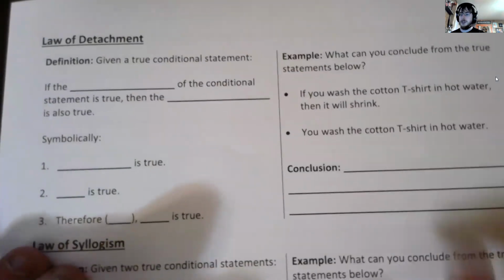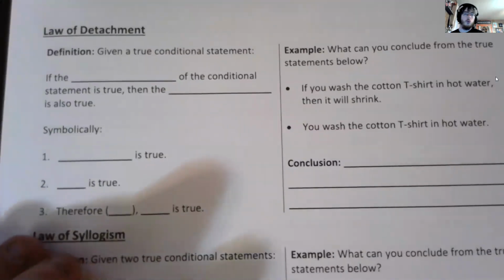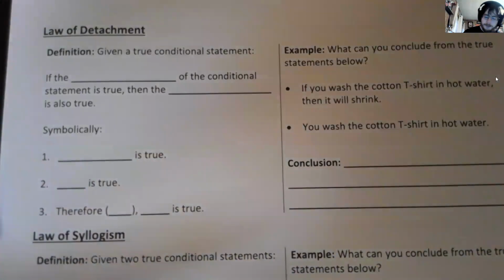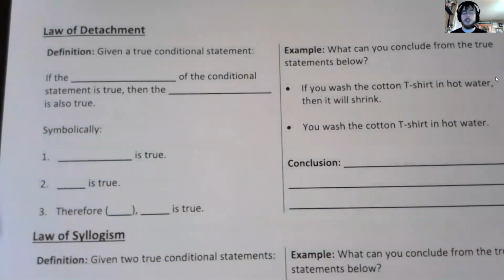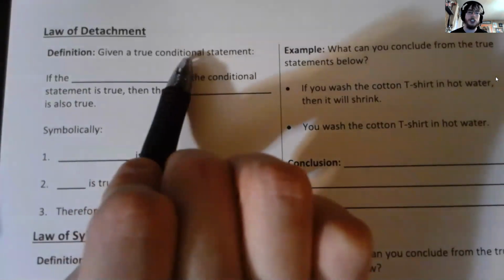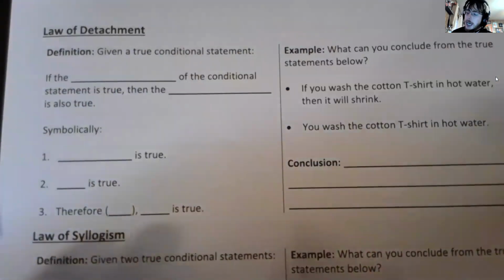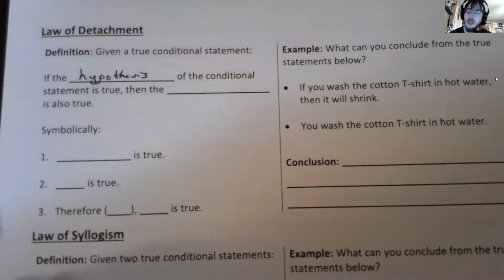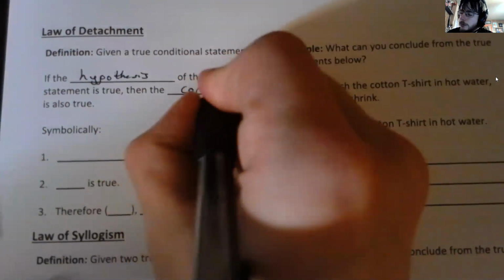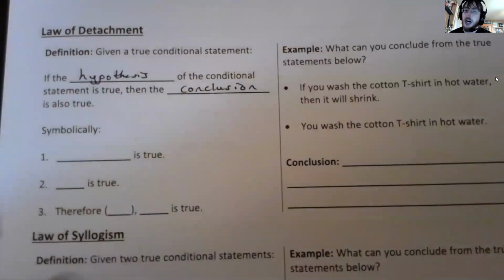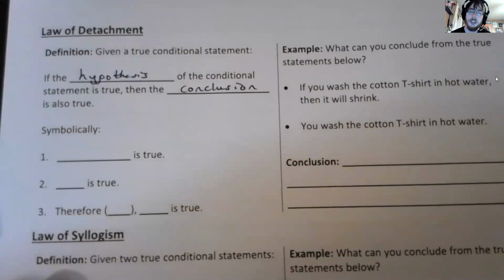All right. So if we're talking about the law of detachment, the law of detachment states that given a true conditional statement, if the hypothesis of the conditional statement is true, then the conclusion is also true. Okay? So if the hypothesis of the conditional statement is true, then the conclusion is also true.